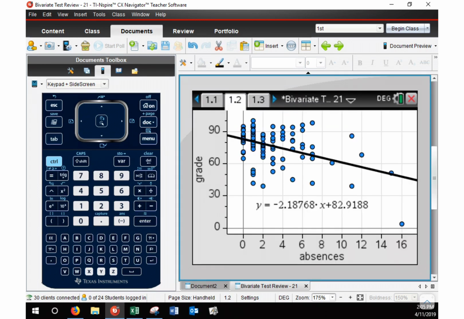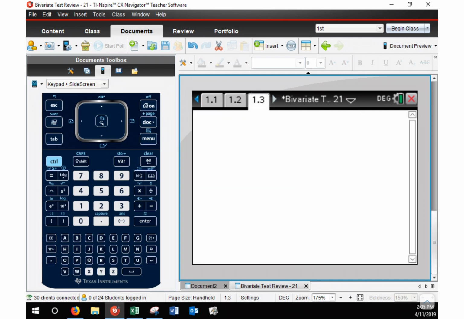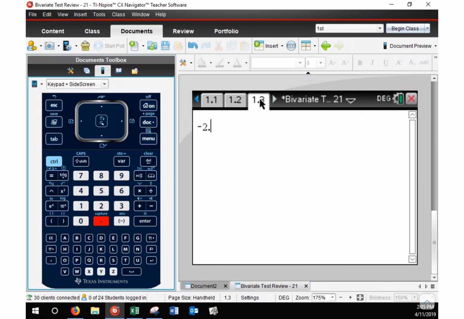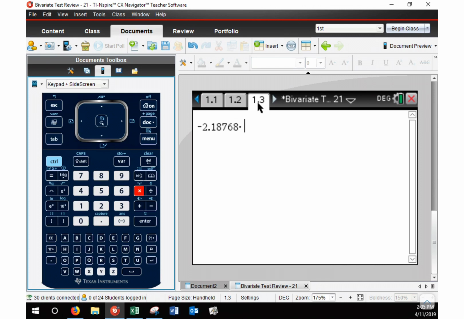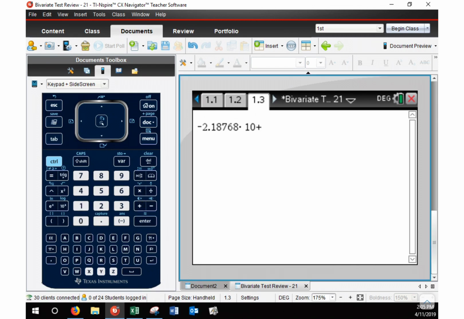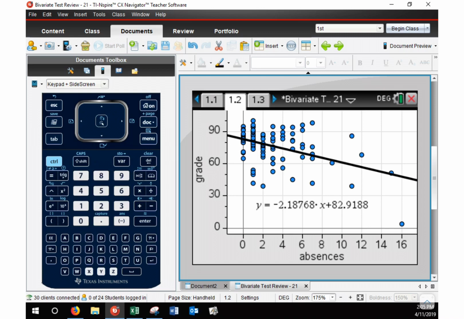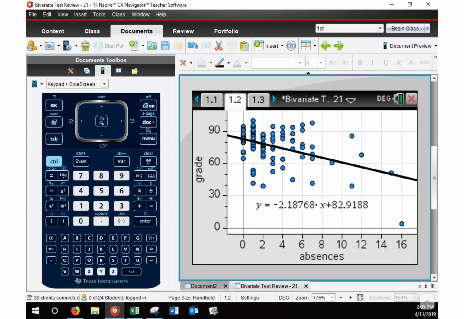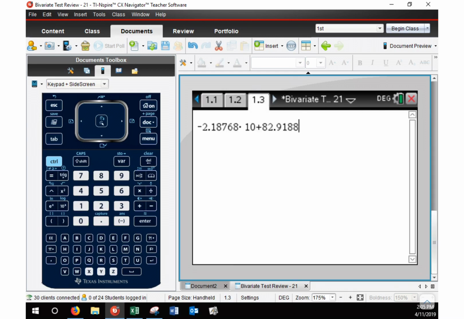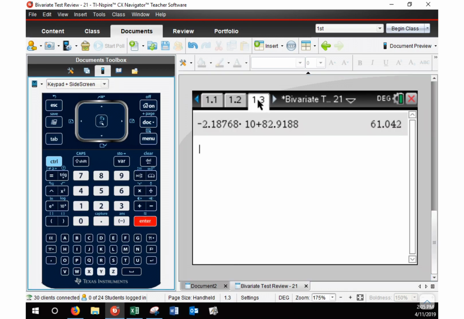So negative 2.18768 times X. Our X here is 10, because we said 10 days, 10 absences, plus 82.9188, right? Yep. Hit enter, and yeah, so 61%. Okay, so we would predict a 61% on that.